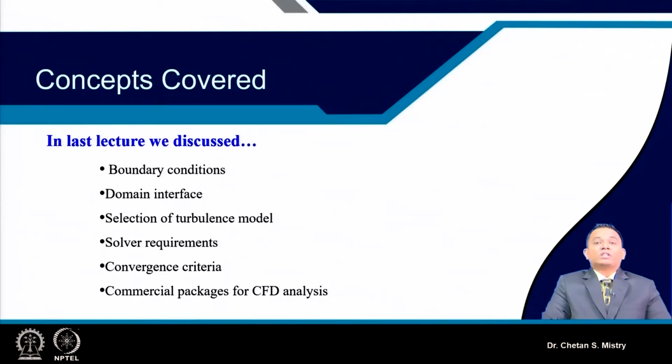We will put some observed parameter with an RMS value or an average value, which will be continuously monitored, and that will give you confidence in the simulation that we have finished. Then we started discussing different commercial packages for CFD analysis.